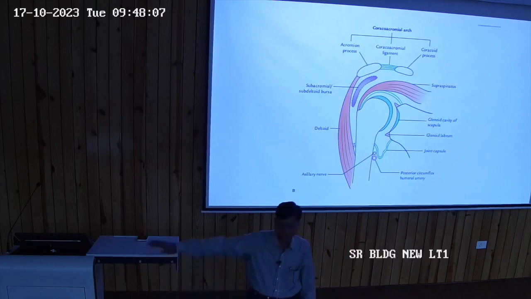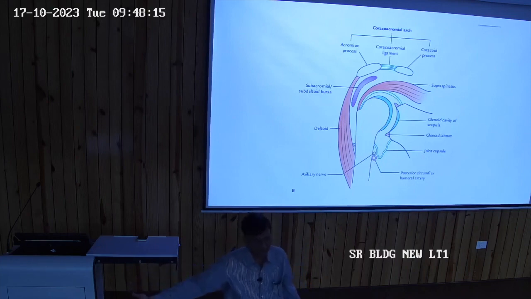Abduction. The abduction is done by the middle fibers of the deltoid and also the supraspinatus.